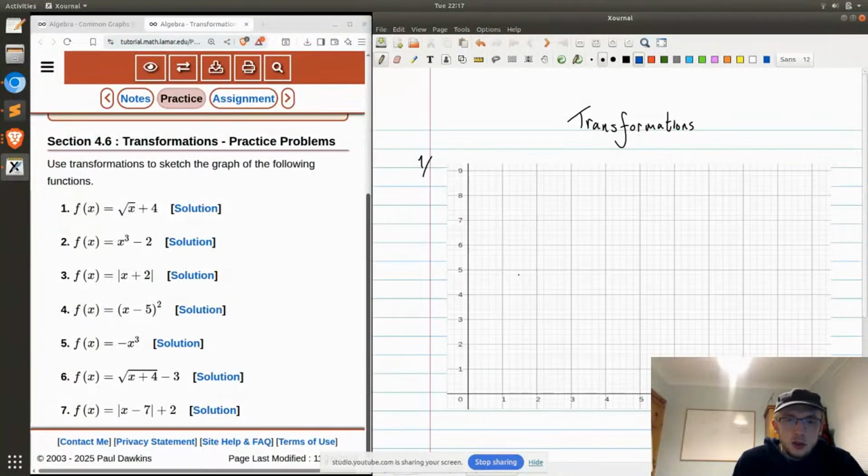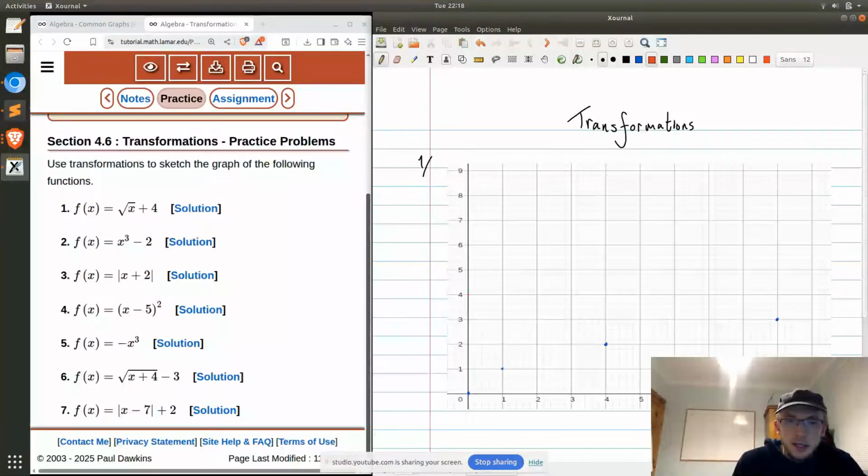Now the standard square root graph passes through 0, 0, 1, 1, 4, 2, and 9, 3, and so on. What about the transformed graph where I translated upwards by exactly 4 units?